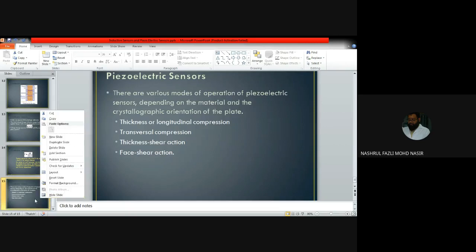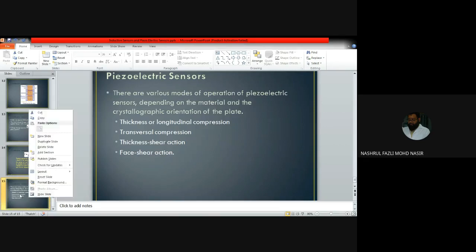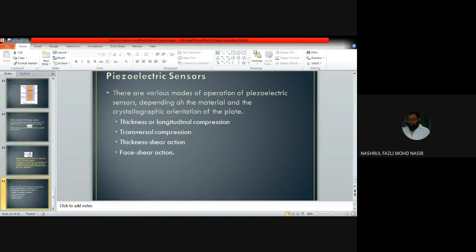We come to the end of the lecture today. These are the various modes of operation of piezoelectric sensors, depending on the material and the crystallographic orientation of the plate: thickness or longitudinal compression, transversal compression, thickness shear action, and face shear action. I hope you can do extra reading on all these types of sensors.